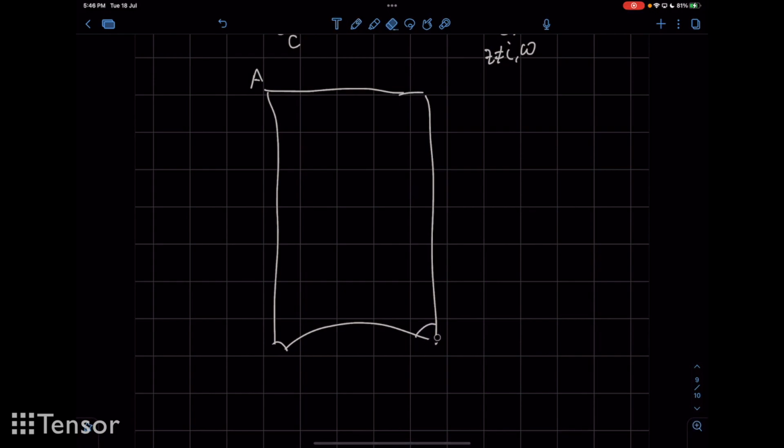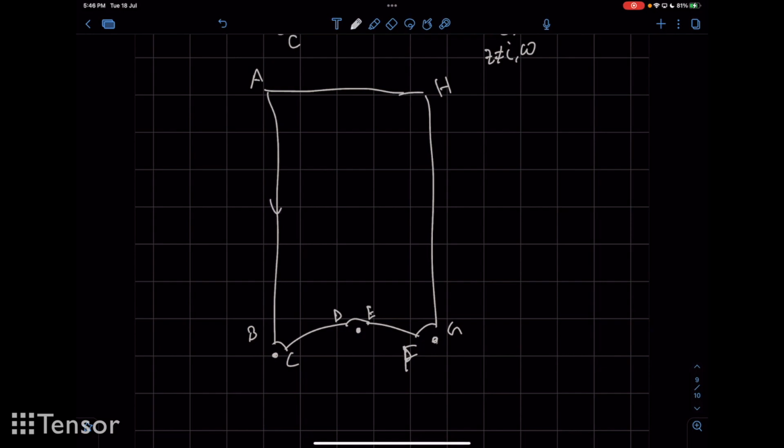Yeah, they have the same value but different orientation. Exactly. Okay, so A, B, C. No, this is D. E, F, G, H. So let us orient this counterclockwise.